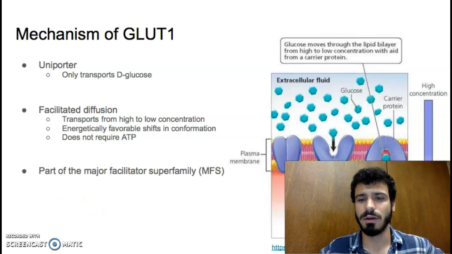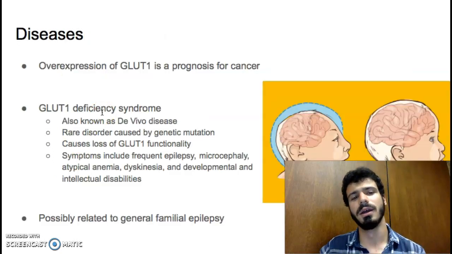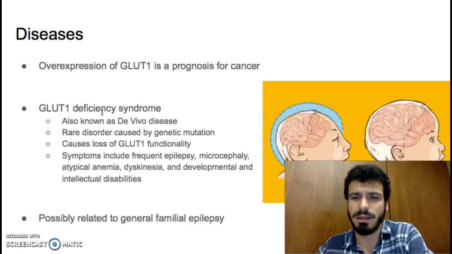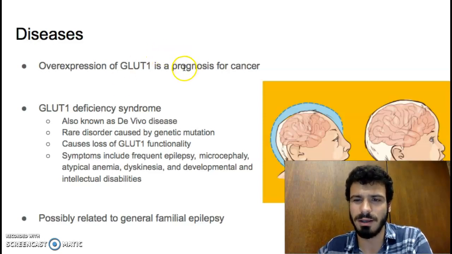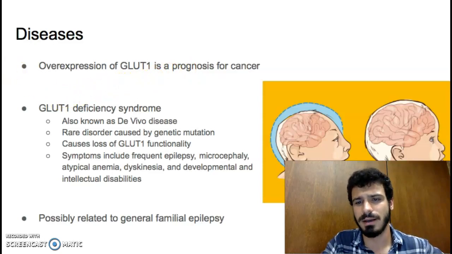Given its important physiological role, you can imagine that there would be some diseases associated with it, and there are. Overexpression of GLUT1 is found in many cancer patients. Additionally, GLUT1 deficiency syndrome is caused by loss of function of the GLUT1 proteins. This is caused by genetic mutation, and it's a very rare disorder.